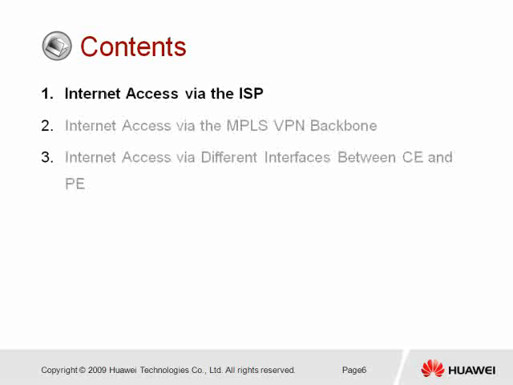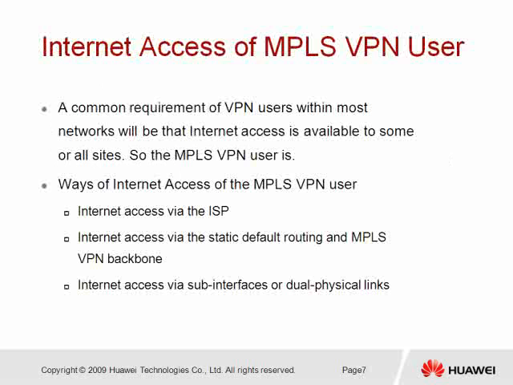Now, let's learn the first part, Internet access via the ISP. Many VPN sites will need to be able to access the public Internet, as well as to access other VPN sites. The Internet service may be provided by the same carrier who provides the MPLS VPN service or by another carrier.